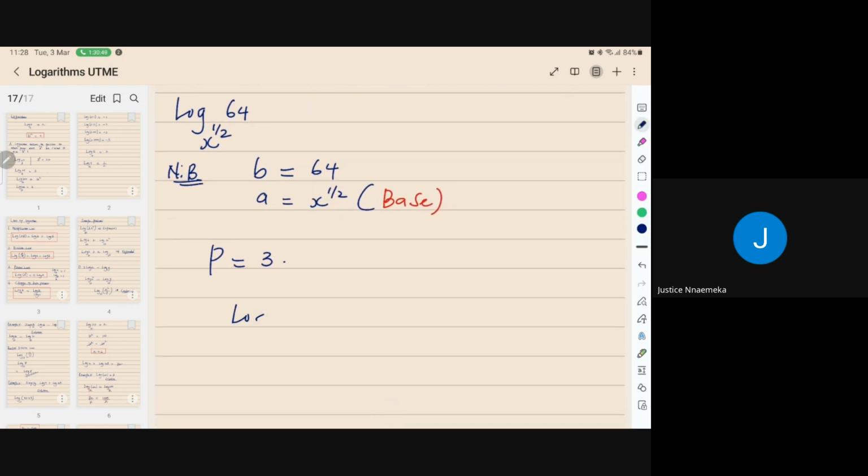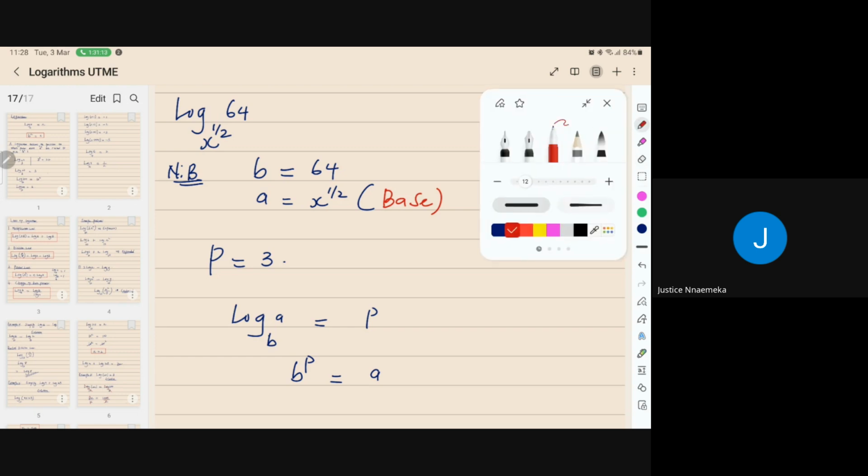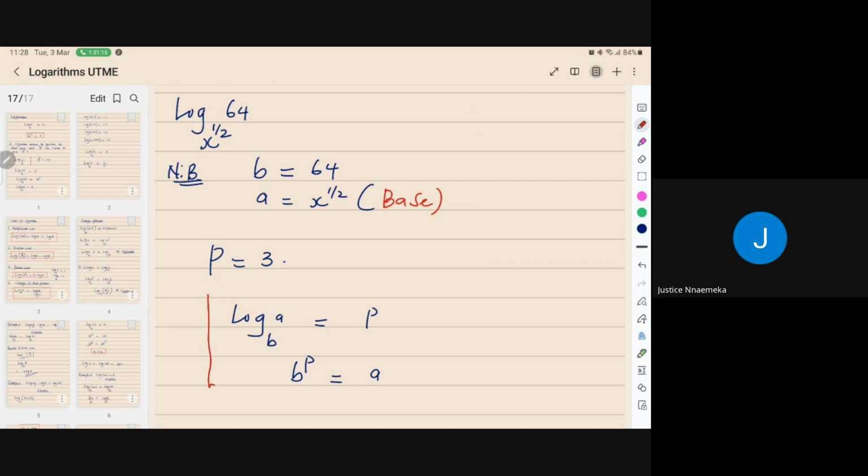That log B A equal P is simply saying that A will be equal to what? B to the power of P. Or the other way around, that B power P is equal to A. That's the definition of logarithm. So that's the same concept I'm going to apply right here.